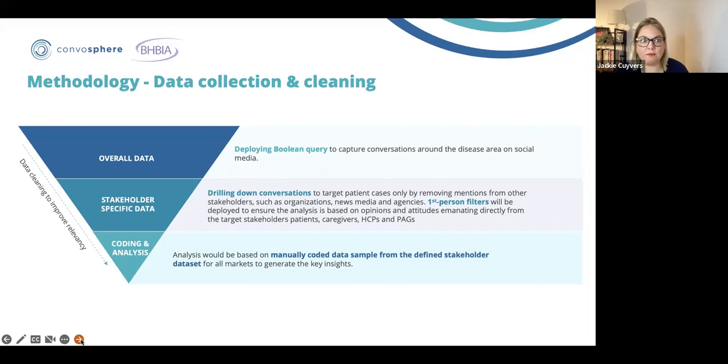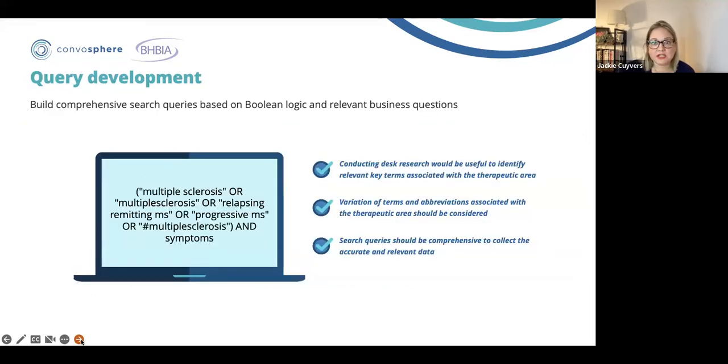that therapeutic area. So as I mentioned, the query development is a really important part of that. This is what is used to gather the relevant data set. So you're looking at the way it's spoken about from a scientific perspective, so the way a researcher, scientist, or HCP may be speaking about this online, and then also how the patients refer to it themselves, or sometimes even including potential common misspellings.